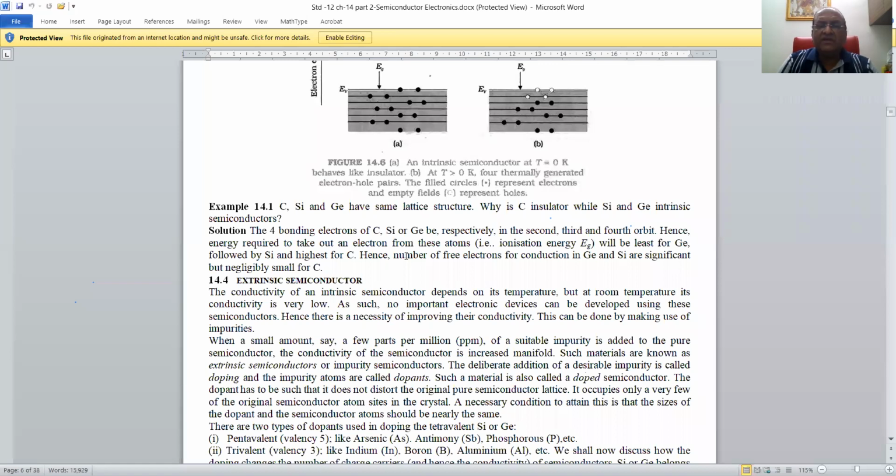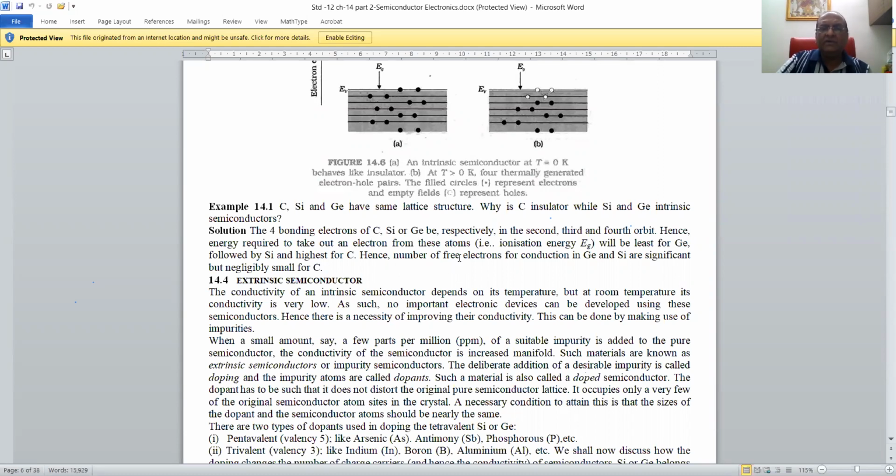Why is carbon an insulator while silicon and germanium are intrinsic semiconductors? Okay, so if we think about this band structure, then we can easily understand why this happens. Because for carbon the energy gap is approximately of the order of 5 electron volt.